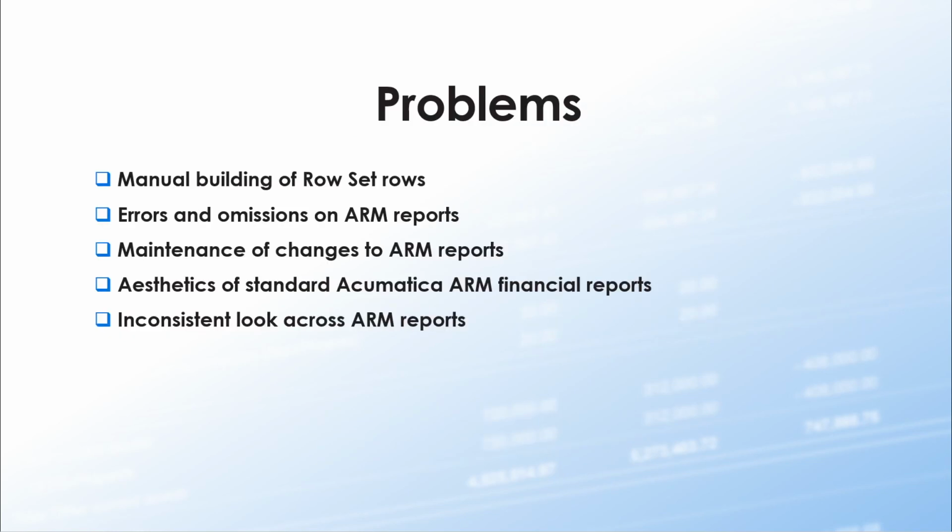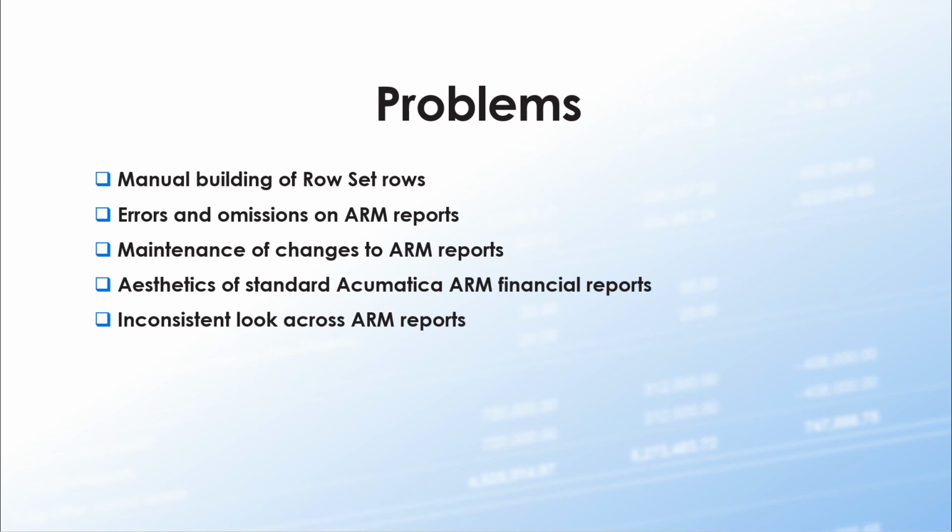So the problems we identified are about the creation and maintenance of the financial ARM reports inside the standard Acumatica functionality. The biggest problem is creation of the row sets, which is extremely manual and takes a very long time to do.